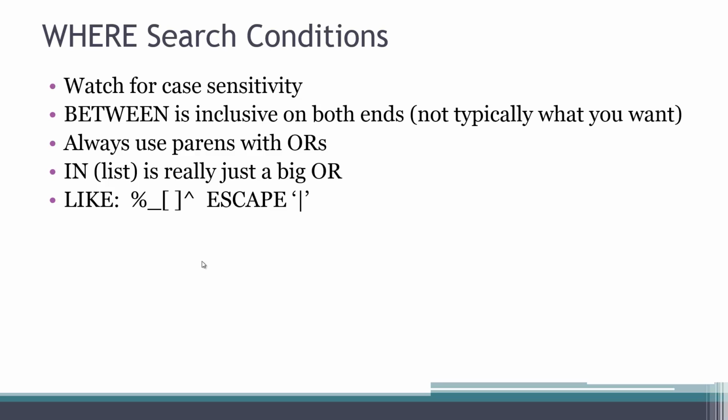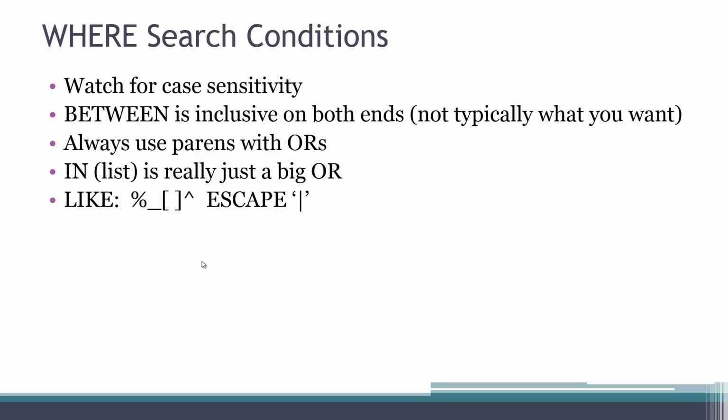If your database is case sensitive, the names of your tables are going to be case sensitive, and the values inside your columns will be case sensitive as well. That means that if you type production.product all in lowercase, it's going to look for tables that have a schema and a table name in all lowercase, and it won't find it if the P in production or the P in product is uppercase and you typed it lowercase.